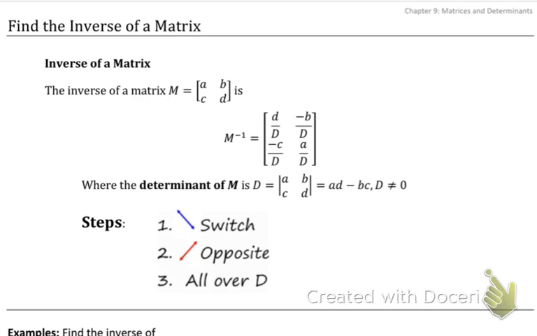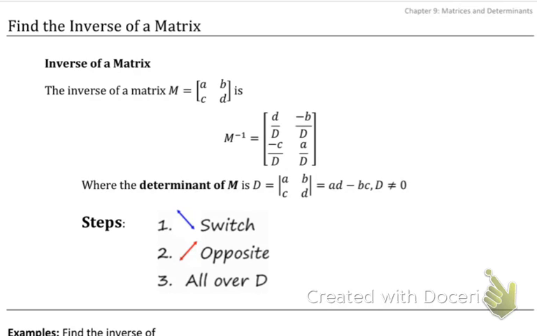So we have our A and D switched. We change the signs of B and C. But we have to divide by something called the determinant. And the determinant is just our corners multiplied minus our other two corners multiplied.